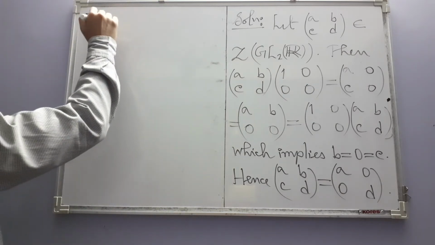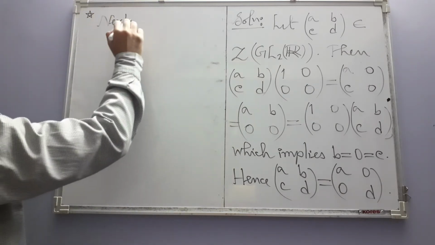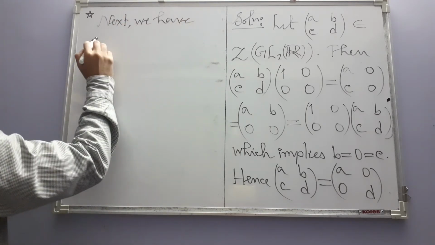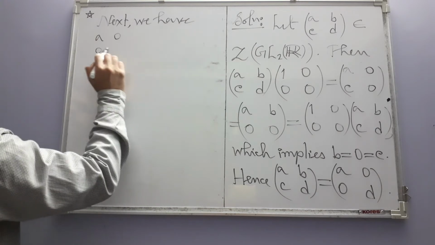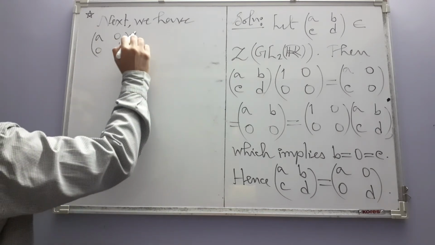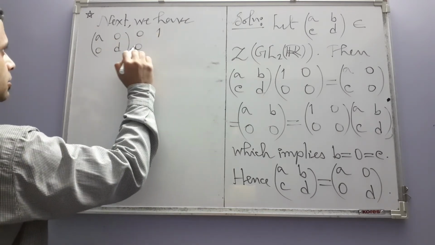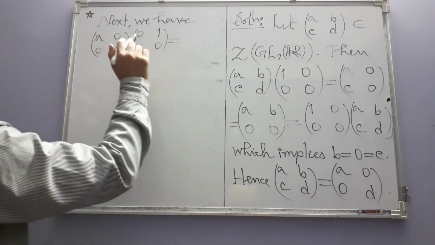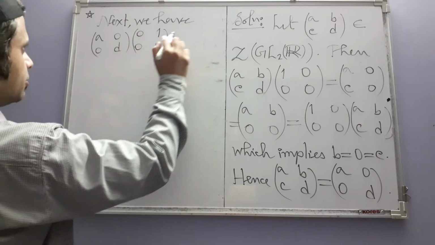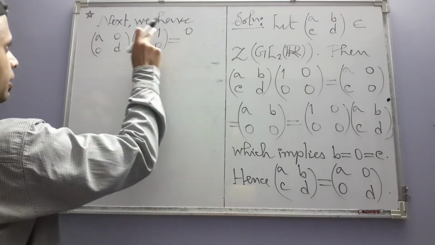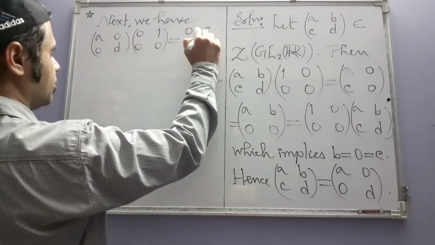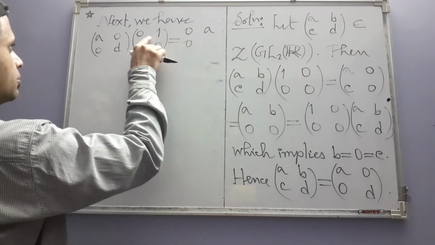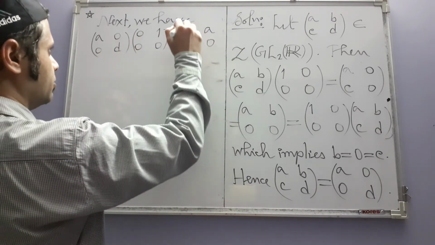Next, we have A, 0, 0, D times 0, 1, 0, 0. Now what is this product? 0 plus 0, 0, A plus 0, A, 0 plus 0, 0, 0 plus 0, 0.